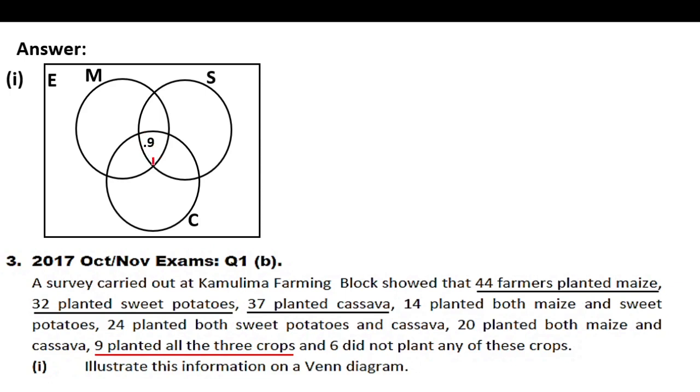Then where do we start from now? Here. 14 planted both maize and sweet potatoes. So there are 14 that planted maize and sweet potatoes here. Since some are already indicated here, those planting maize and cassava are already here.